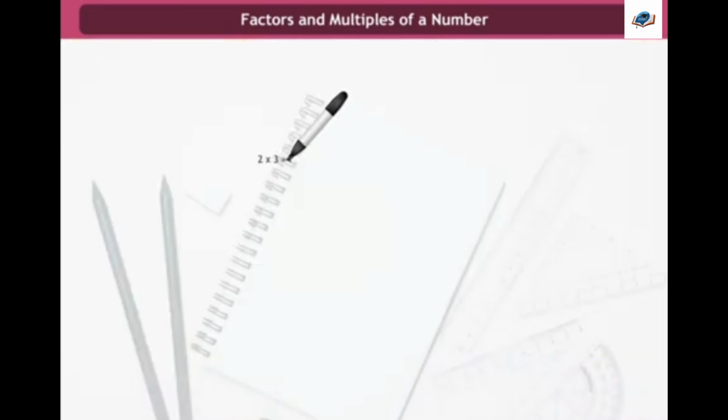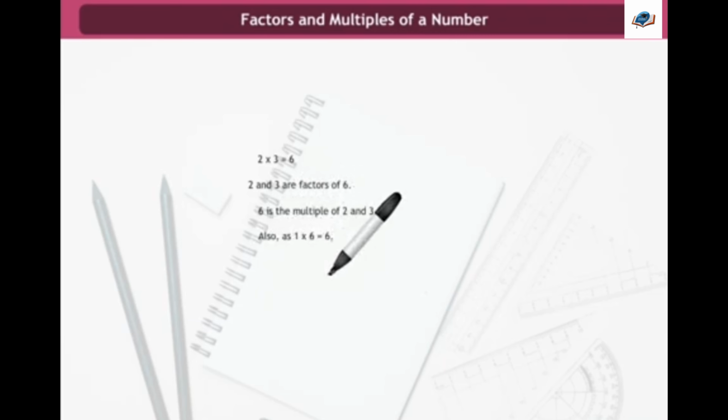Now consider the statement 2 into 3 equals 6. Here, 2 and 3 are factors of 6, or we can say that 6 is a multiple of 2 and 3. Also, as 1 into 6 equals 6, so 6 is a multiple of 1 and itself.